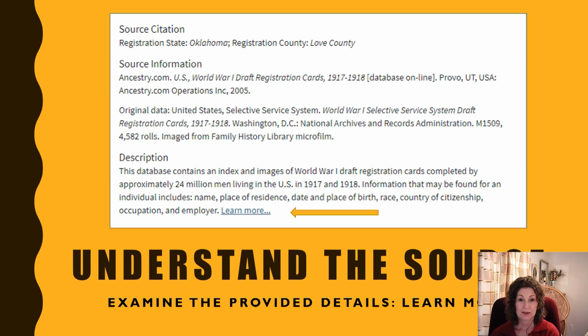So we are going to have to do some work ourselves in figuring out how to create a source citation. And we've got a physical layer, we've got a microfilm layer, and then we have a digital layer. So we are going to need to do a little bit more work to create our own citation.